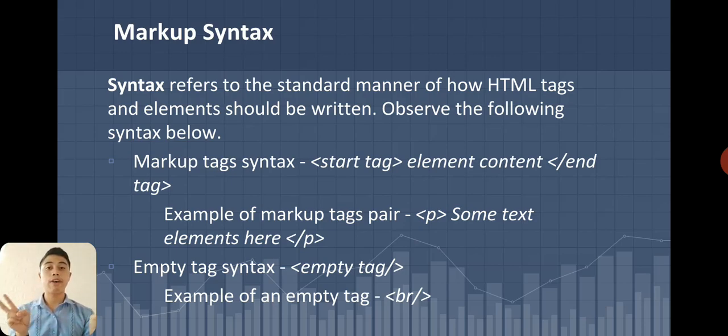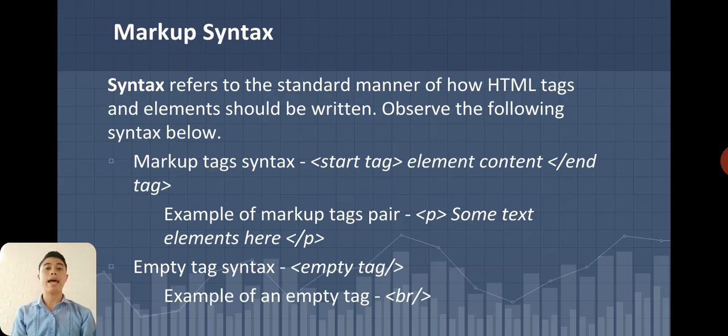Did we follow? Good. An example of this, as you can see on the screen: the paragraph or p, enclosed p, some text element here, enclosed with a forward slash p. Did we get it? Okay.